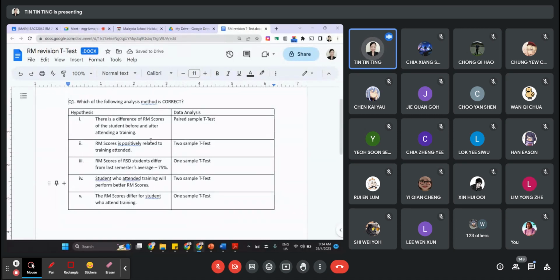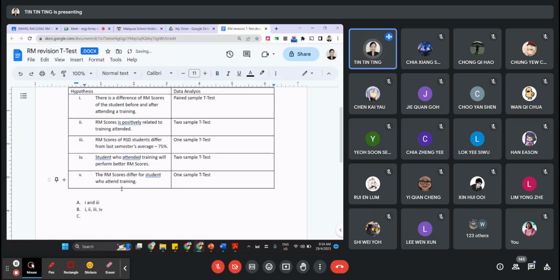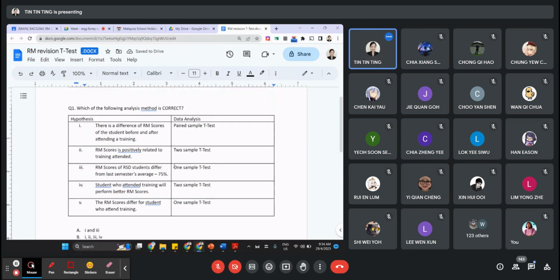It's in this format: which of the following analysis methods is correct? Blah, blah, blah. And then we have maybe A, 1 and 2. B, 1, 2, 3, 4. C, and so on and so forth. So you choose. 90% of the questions are actually in this format.